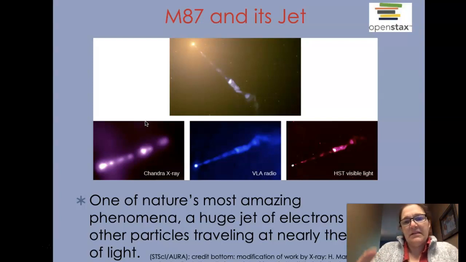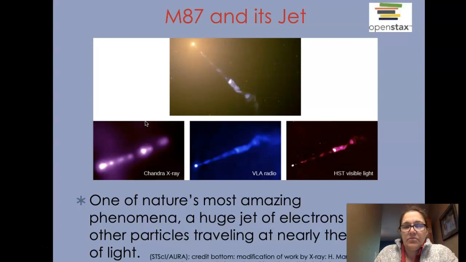And that's because the electrons on that jet spiral down the field lines. Remember, electromagnetic field coming out of a star? So we're going to come back and explain these jets in a minute. But those jets are traveling nearly the speed of light.